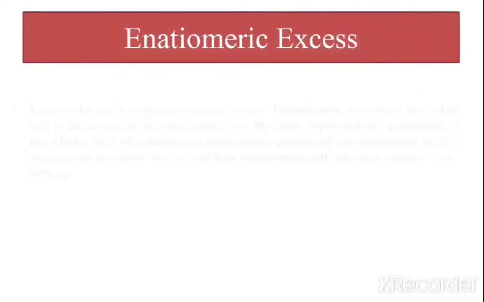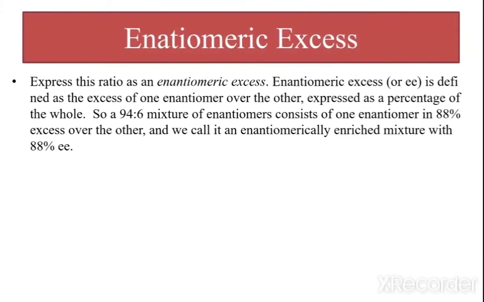Now then the enantiomeric excess. The definition of the enantiomeric excess is a ratio actually. The enantiomeric excess or EE is defined as the excess of one enantiomer over the other, expressed as a percentage of the whole.